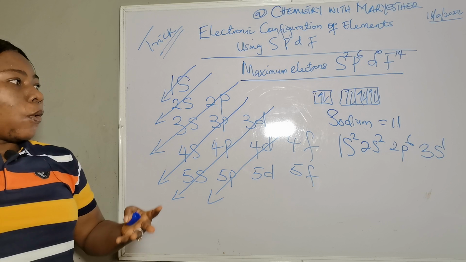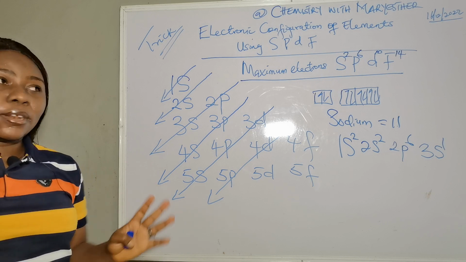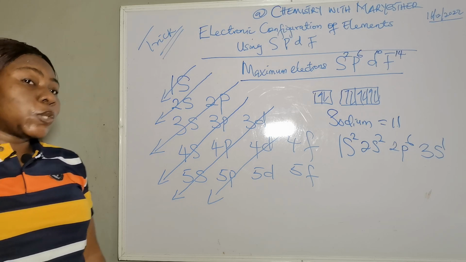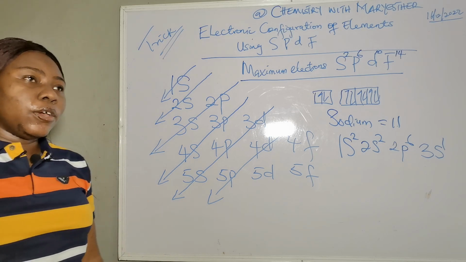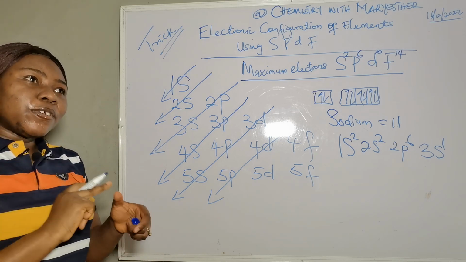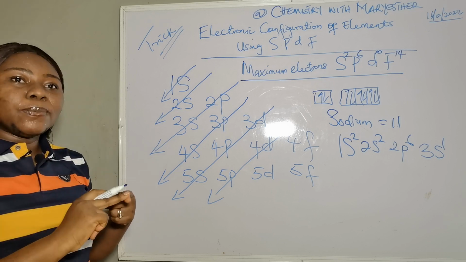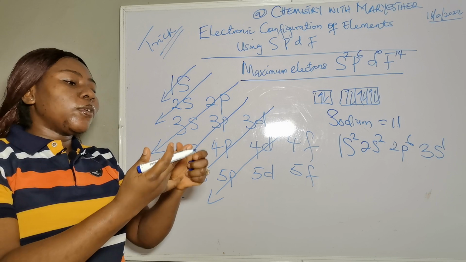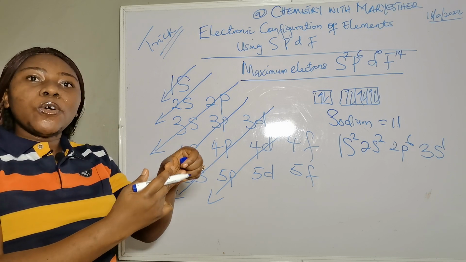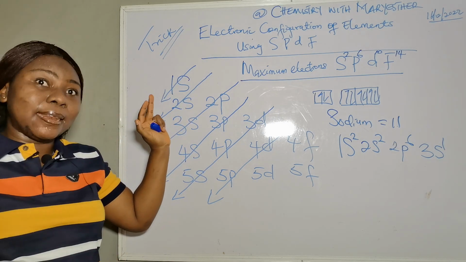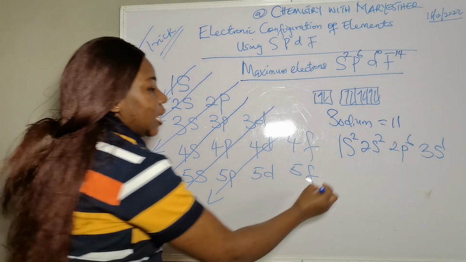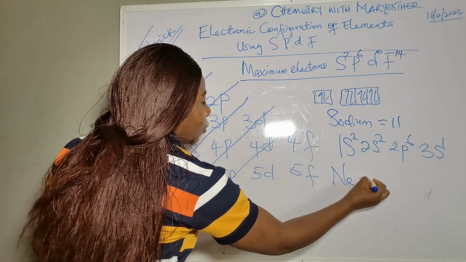It's very simple using SPDF configuration. For instance, write the electronic configuration of neon. You ask yourself, what is the atomic number of neon? The first 20 elements will come back to your head again: hydrogen, helium, lithium, beryllium, boron, carbon, nitrogen, oxygen, fluorine, neon. Neon is 10.